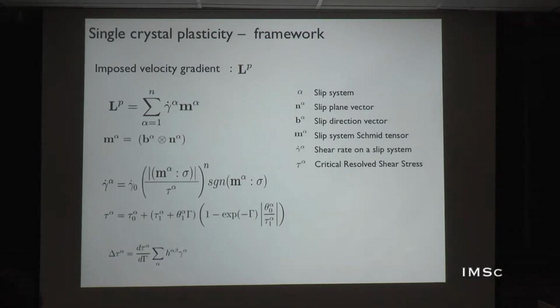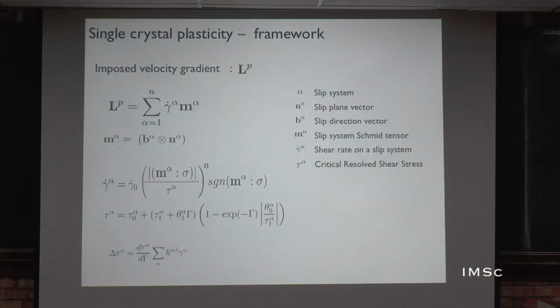So let's say you have this, and you have a slip system on which a dislocation is moving forward. The only stress responsible for this particular motion is the resolved shear stress on this plane along this direction. So if I take sigma ij, this is the resolved shear stress.